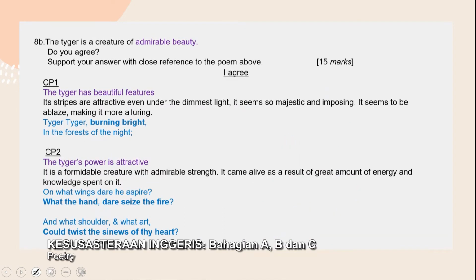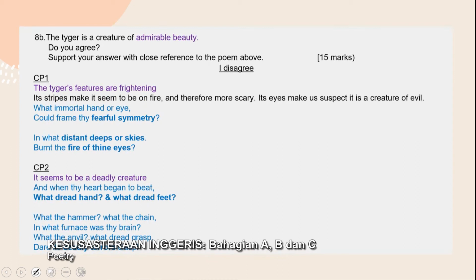So one might say, the tiger is a beautiful creature, so yes, I stand for agree. Another candidate might say, I disagree because the tiger's features are not pretty, not beautiful, but frightening and scary.